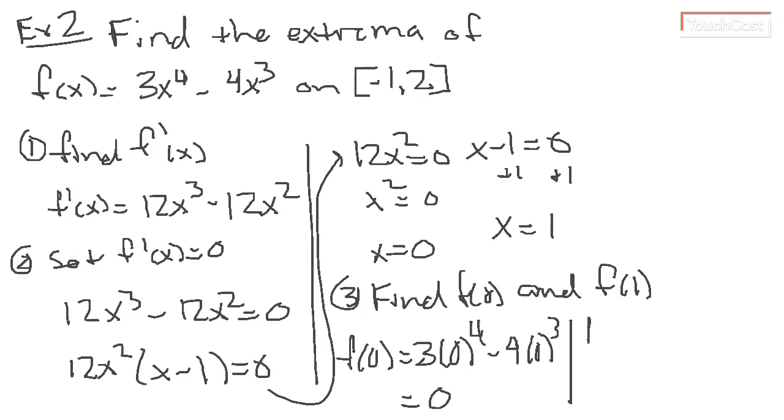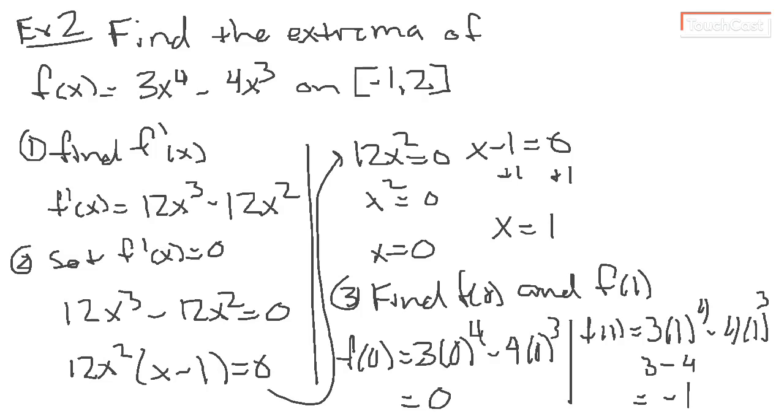So f of 1 is going to equal 3 times 1 to the 4th minus 4 times 1 cubed. Well, 1 to any power is 1, so we're going to end up with 3 minus 4, which means f of 1 is equal to negative 1.